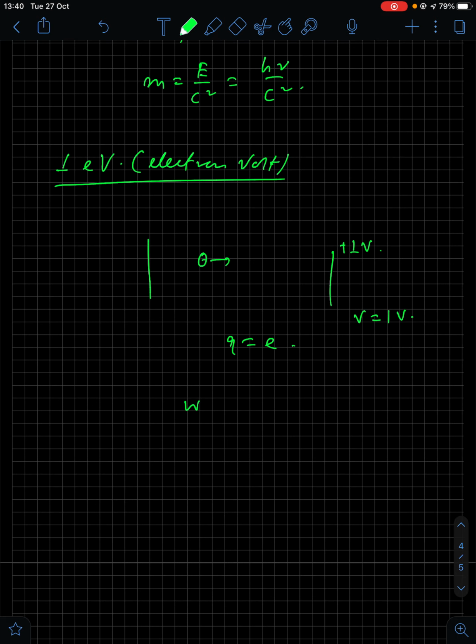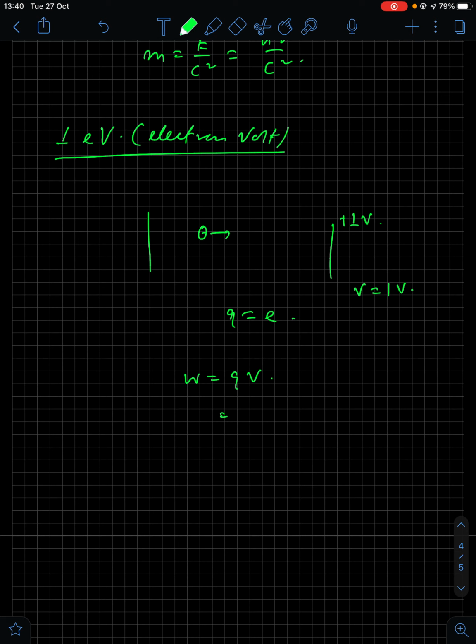Now we know work done is equal to QV. So the charge is e into 1 volt, so it becomes 1 eV. That means by definition, when you accelerate an electron by a potential difference of 1 volt, the amount of energy possessed by the electron is 1 electron volt.